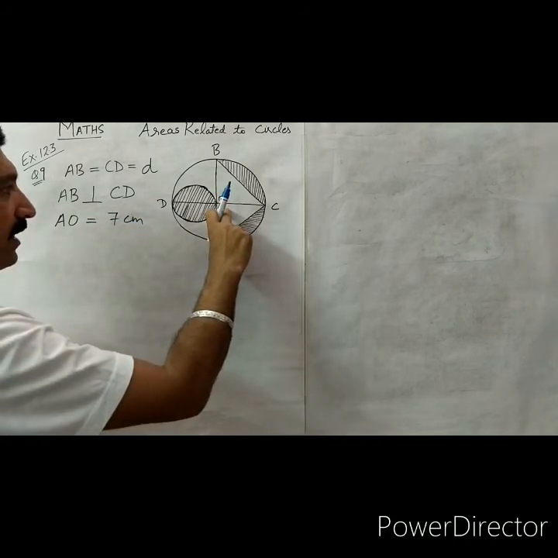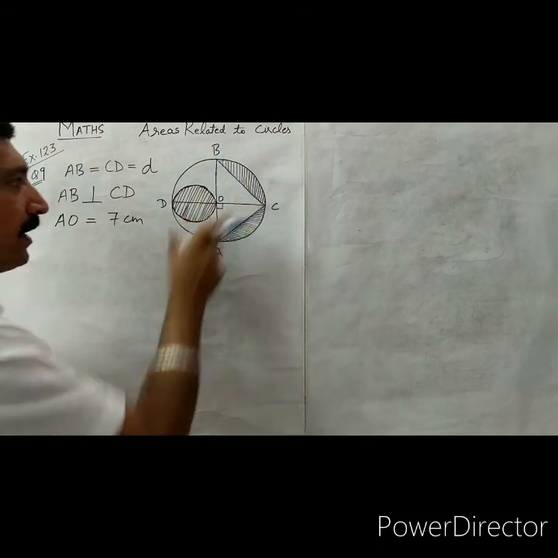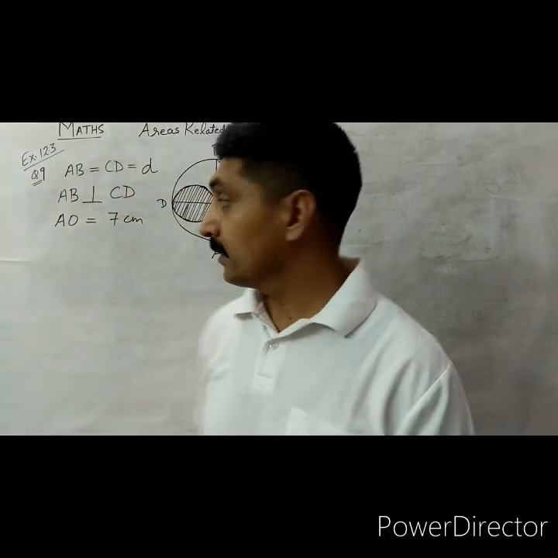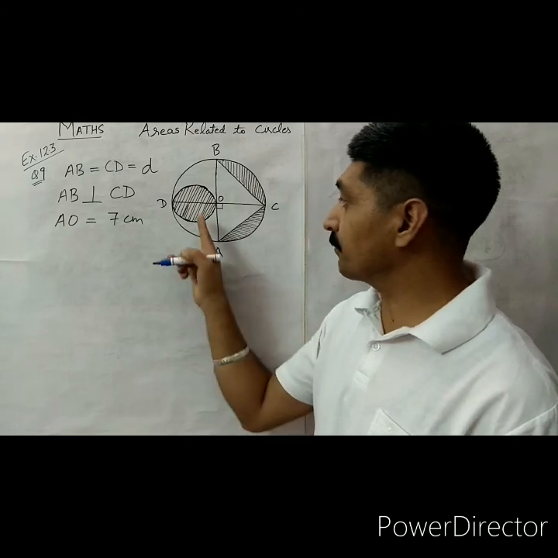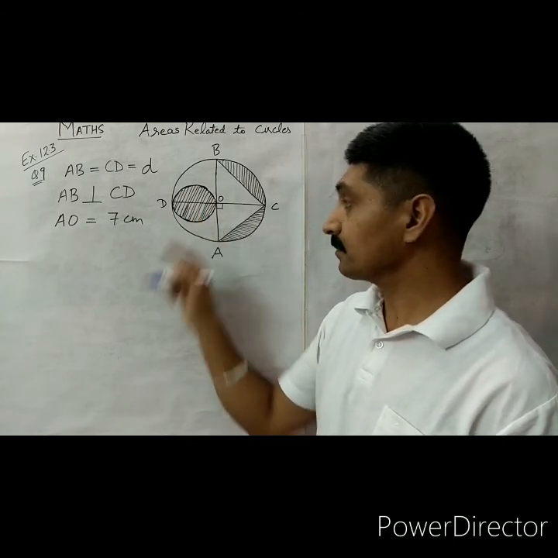If AO is 7, then AB is 14 and CD is also 14. So here we have to find the shaded area.